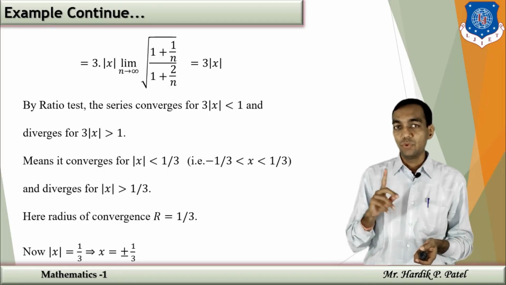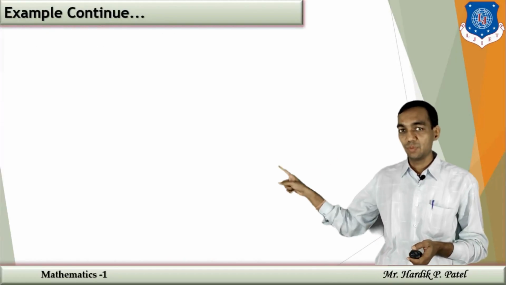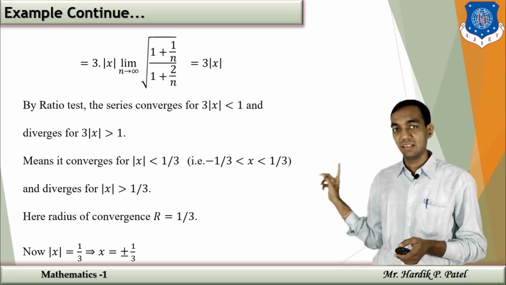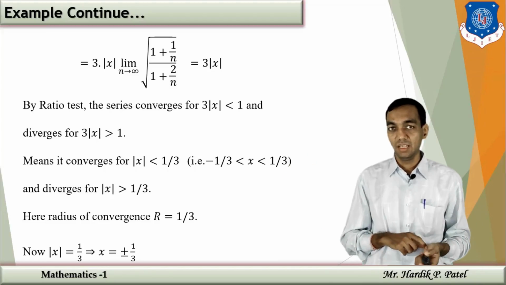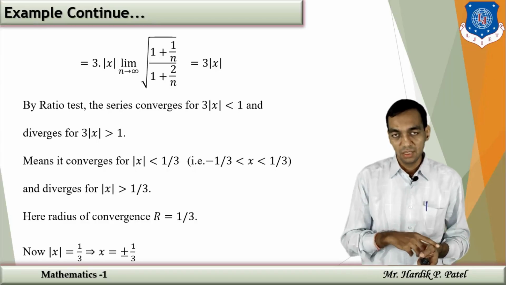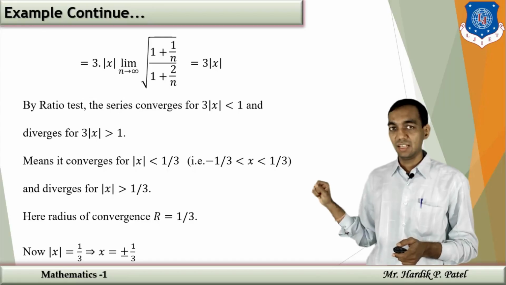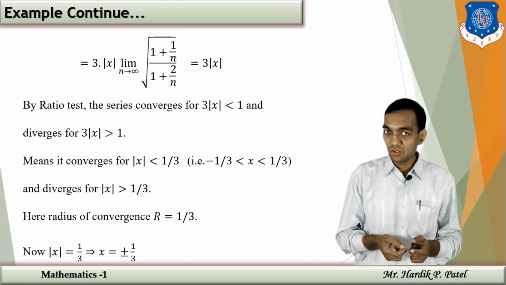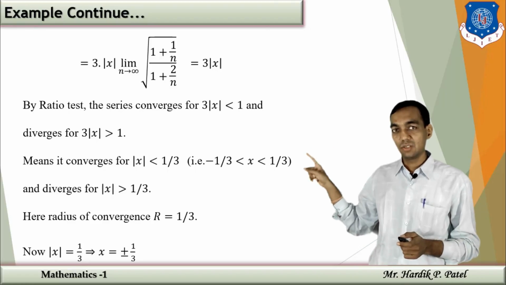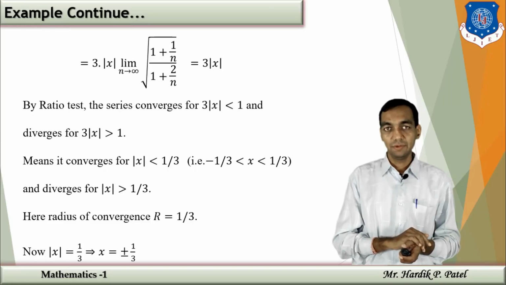Now if you eliminate the mod, then you have the interval from minus 1 by 3 less than x less than 1 by 3. That means from minus 1 by 3 to plus 1 by 3, our series is convergent. And since you have mod x less than 1 by 3, whatever is on the right-hand side is our radius of convergence. So radius of convergence capital R is equal to 1 by 3, correct?